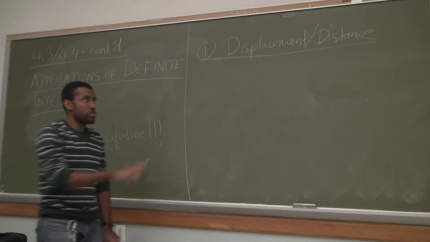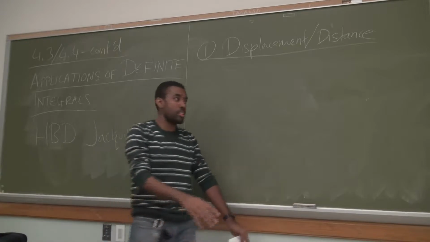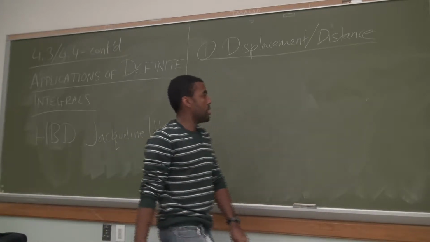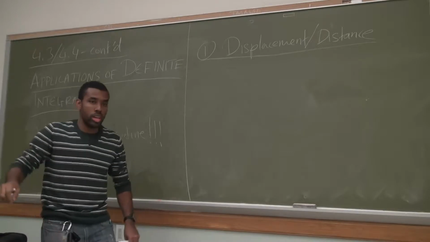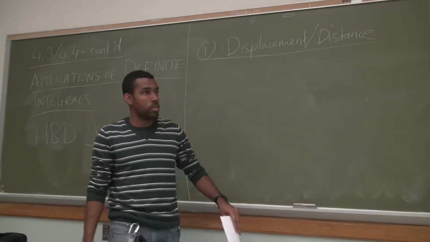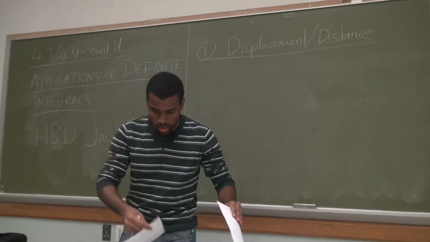Okay, so we sort of talked about this example before. We saw how the area under the velocity curve could tell us about the distance traveled. The net area tells us about displacement, while the total area between the function and its horizontal axis tells us about the total distance traveled.